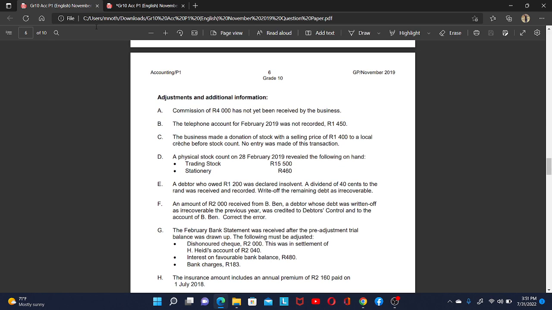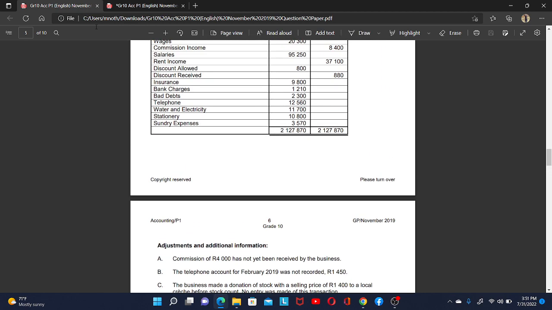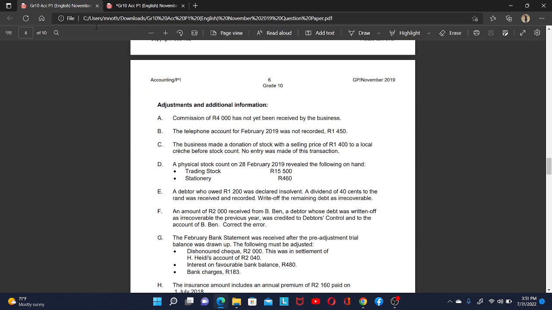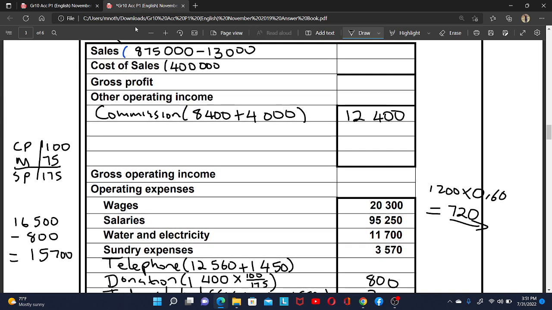So it seems as if here we have bad debts recovered of 2,000. We previously wrote this debt off as irrecoverable. Now he has come back to pay us an amount of 2,000. So that is an income, a bad debt recovered.